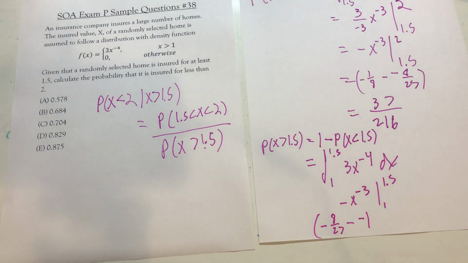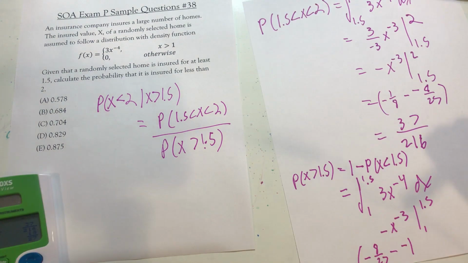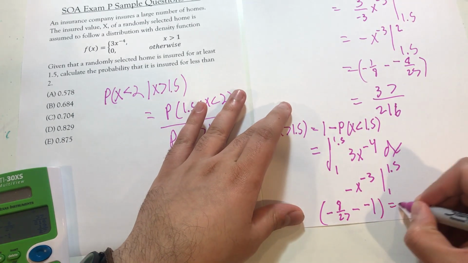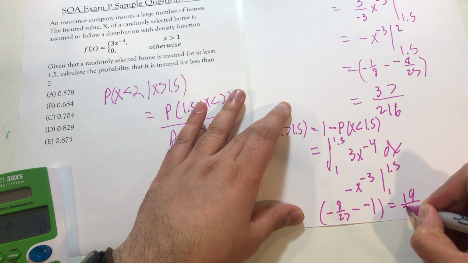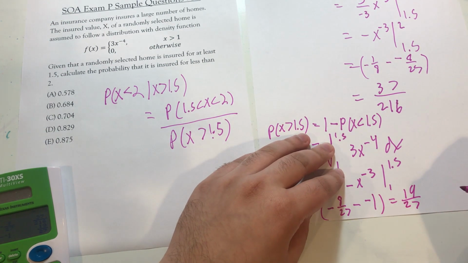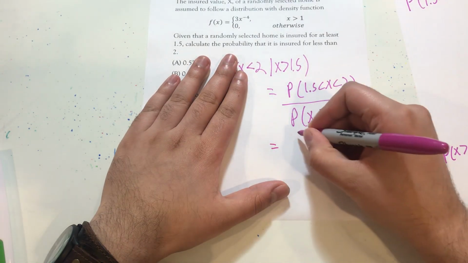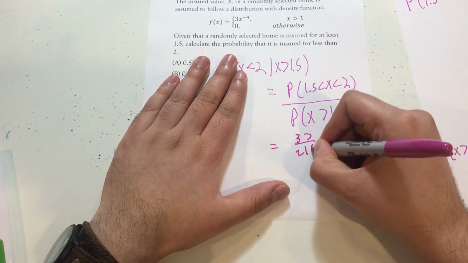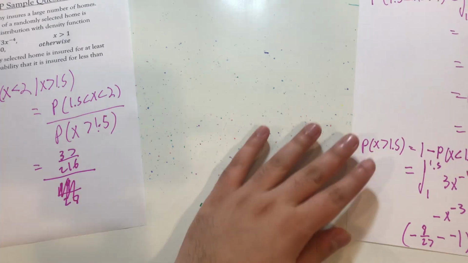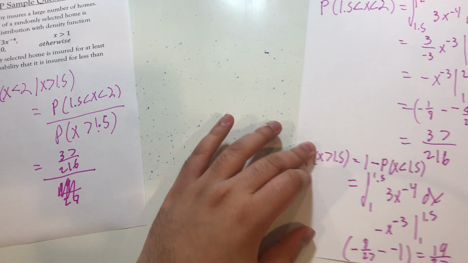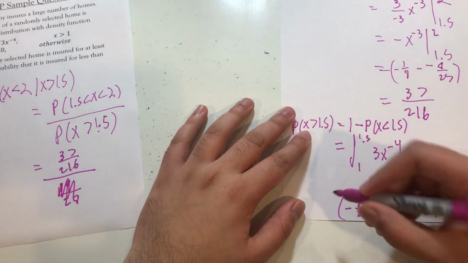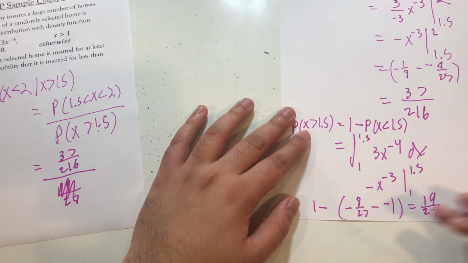So negative 8 over 27 minus negative 1 is 19 over 27. And that's my denominator. Sorry about that weird edit, I just realized I had left something out. I forgot the 1 minus there.